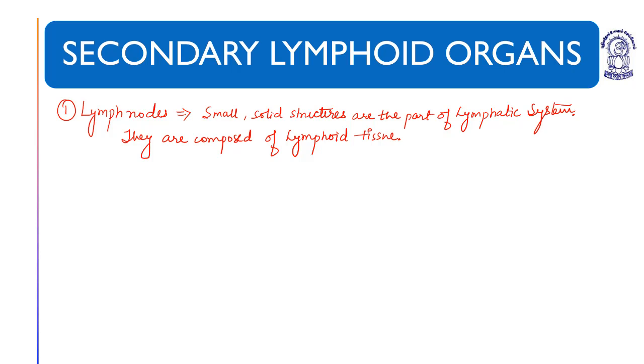They act as filters for the lymph, which is the tissue fluid. So lymph nodes are small solid structures which are part of the lymphatic system. They are mainly composed of lymphoid tissues, and they help in the filtration of the lymph. The filtration of the lymph prevents different foreign particles from entering the bloodstream.